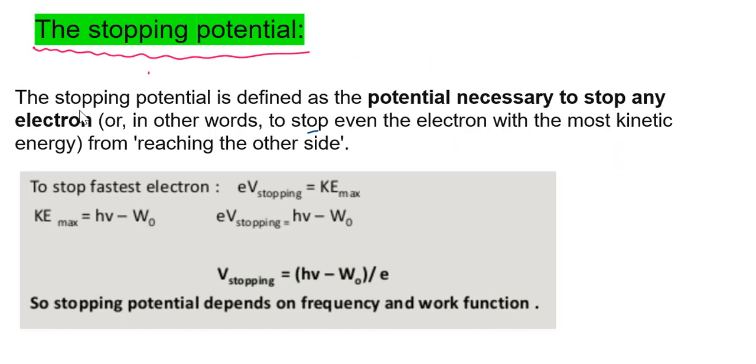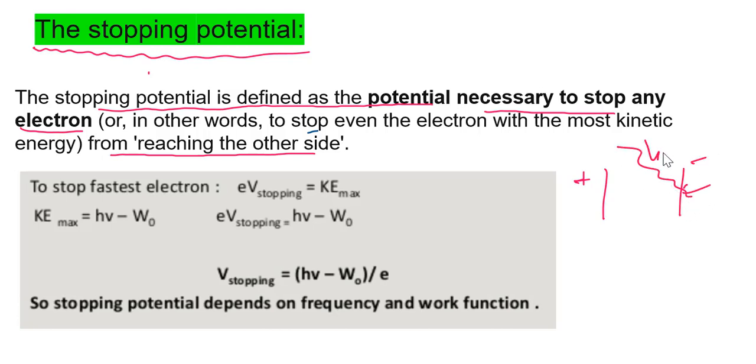Stopping potential. The stopping potential is defined as the potential necessary to stop any electron from reaching the other side. See, in the photoelectric effect, have you seen the figure? Here the cathode is there, the anode is there, light is falling on this plate, and an electron is ejected. So the electron is moving like this.